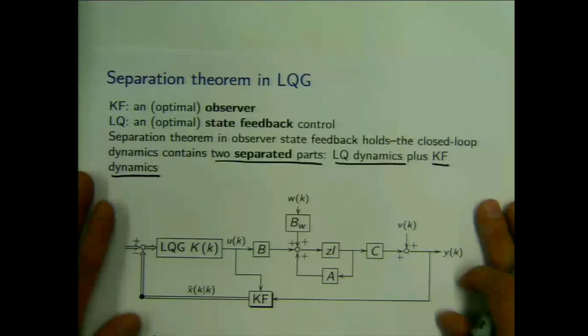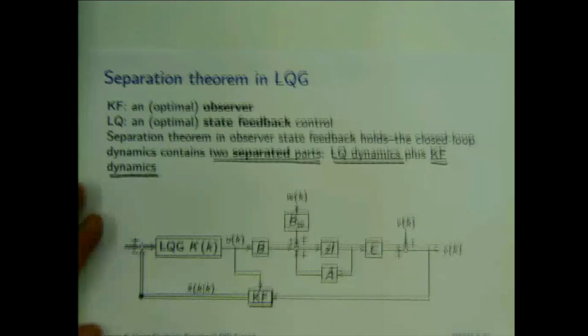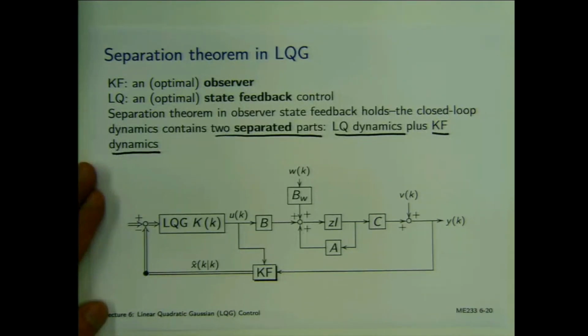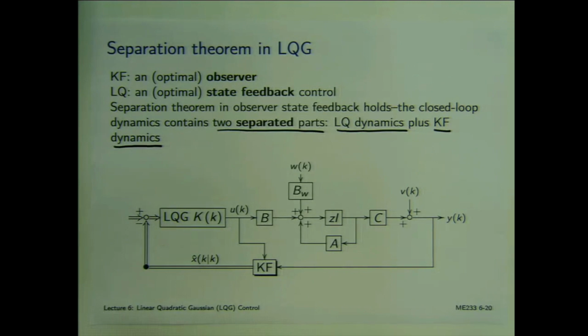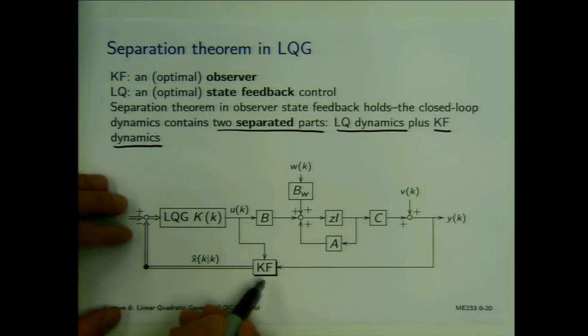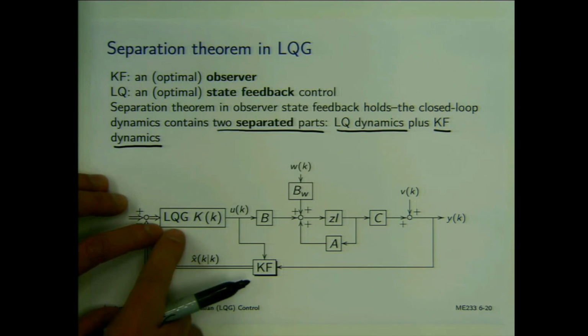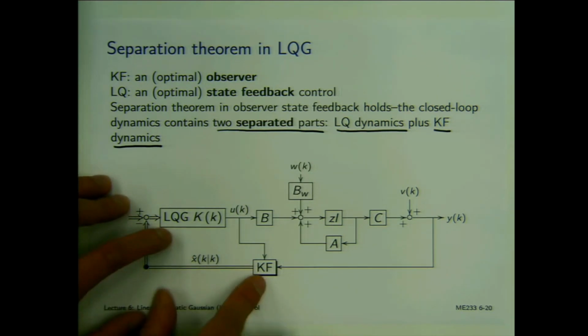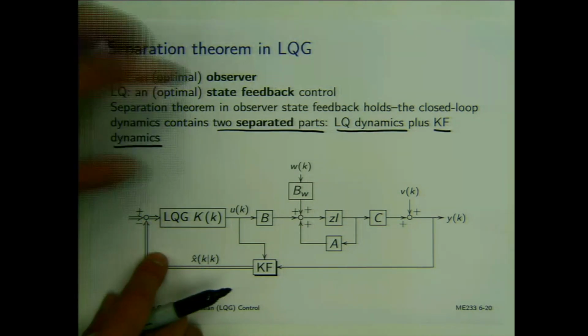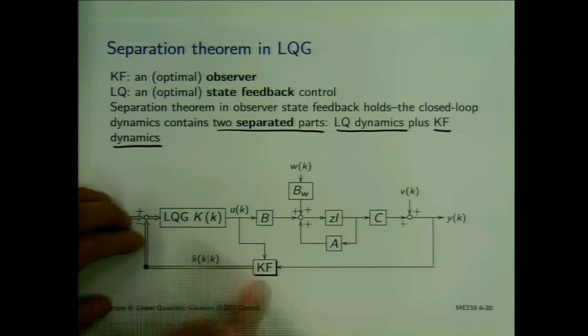In the last lecture, we talked about the separation theorem in the LQG problem. And it's kind of nice. It's saying LQG is nothing but designing a Kalman filter and then designing a regular LQ controller. And this Kalman filter and this LQ controller, based on this separation principle, can be designed separately.